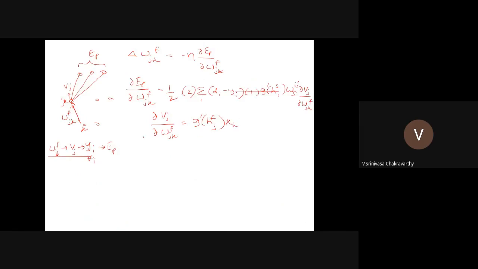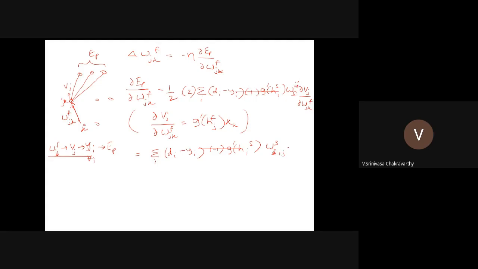If you put this whole thing together, you have this derivative is equal to, so again if you go back, sigma, I'll put this in brackets. So this is sum over i of di minus yi times minus 1 times G prime Hi of S times Ws, sorry, Ws here and Hij here, there's a mistake here, sorry.